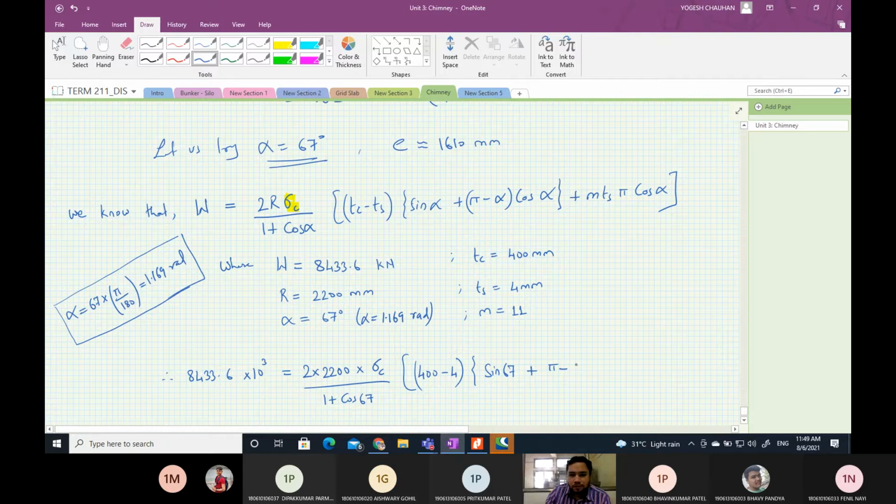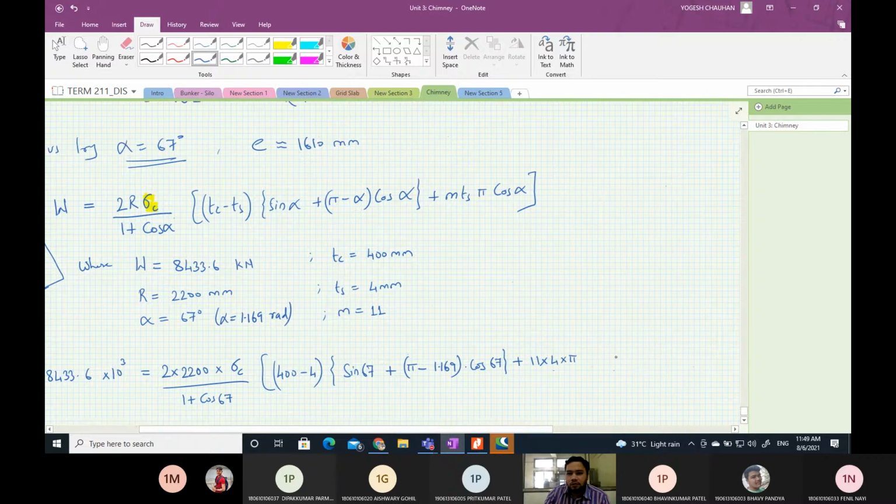So pi minus 1.169, into cos 67 plus modular ratio 11, Ts is 4, multiplied by pi, multiplied by cos 67.